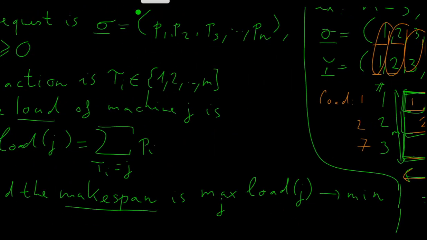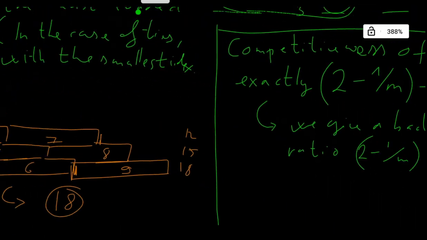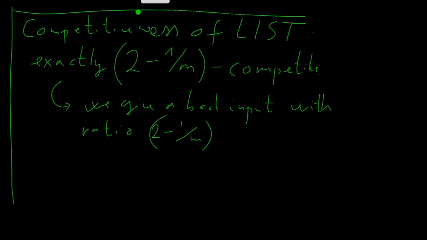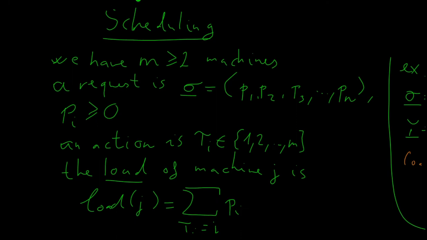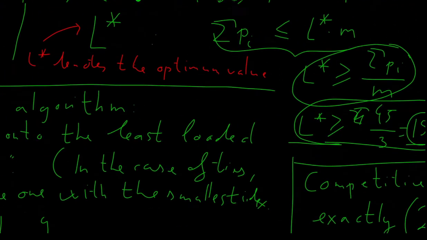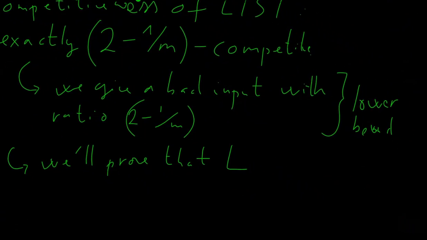Okay, and this will mean that this is either 2 minus 1 over m competitive or even worse. So this will give us the lower bound for the competitive ratio of list. And then we will prove that L, the cost of the output produced by the list algorithm, is at most 2 minus 1 over m times L star for every input.